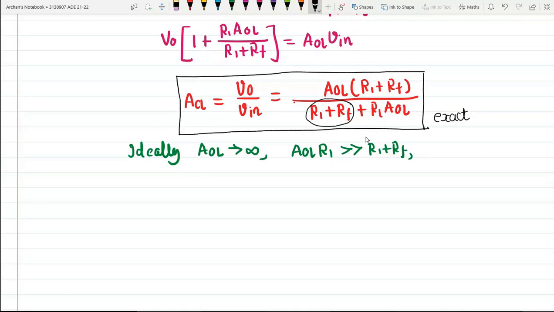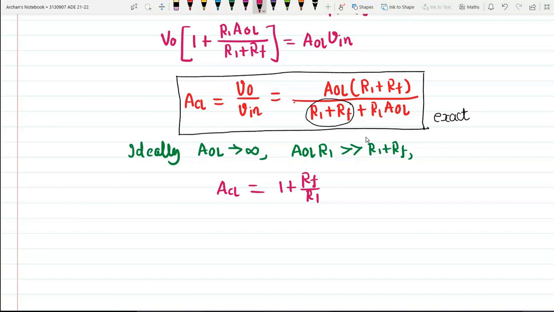So what we will get is this equation: ACL is equal to 1 plus RF by R1.